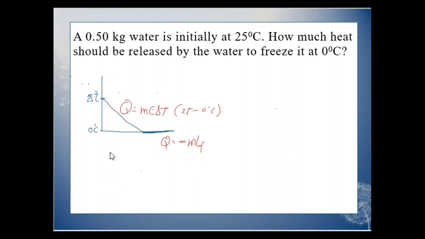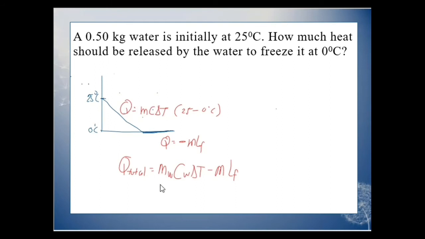Now, if we are going to express the total heat which has to be released, that is Q total, I will combine this one, that is m of the water, c of the water, ΔT from 25 to 0, minus mL_F. Okay?